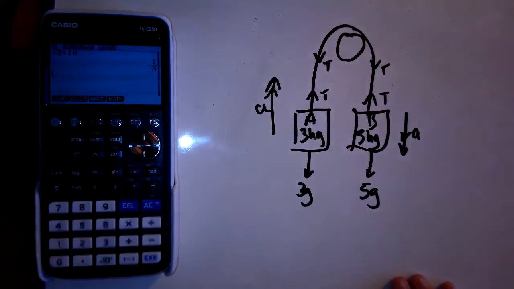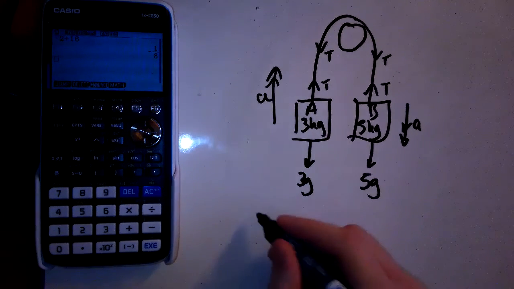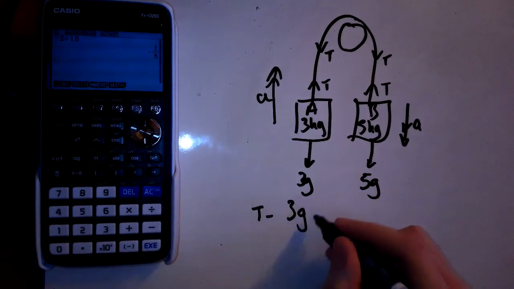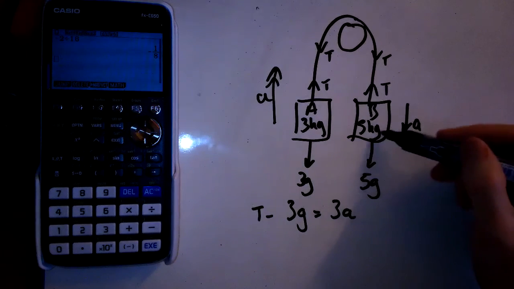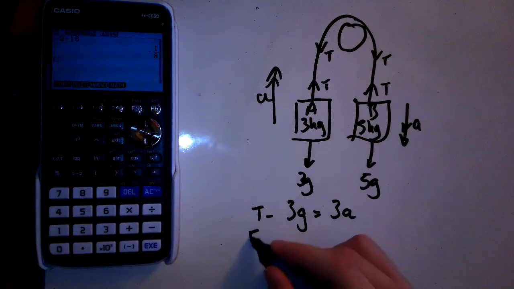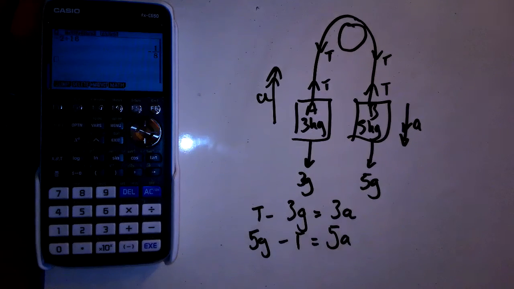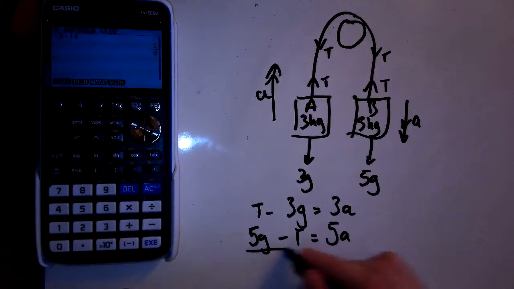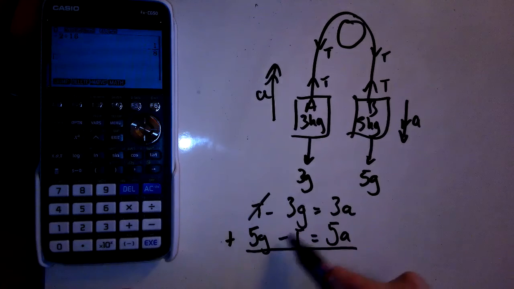So we're going to get our 2 equations now. So for A, A is going up, so it's T minus 3g is m times a. And for B, it's going down, so it's 5g first. So 5g, take away T, is m a. So it's just 2 simultaneous equations now, so solve them how you like, but the quickest way, I think, is just add them together, because when you add them, the T and the minus T cancel out.